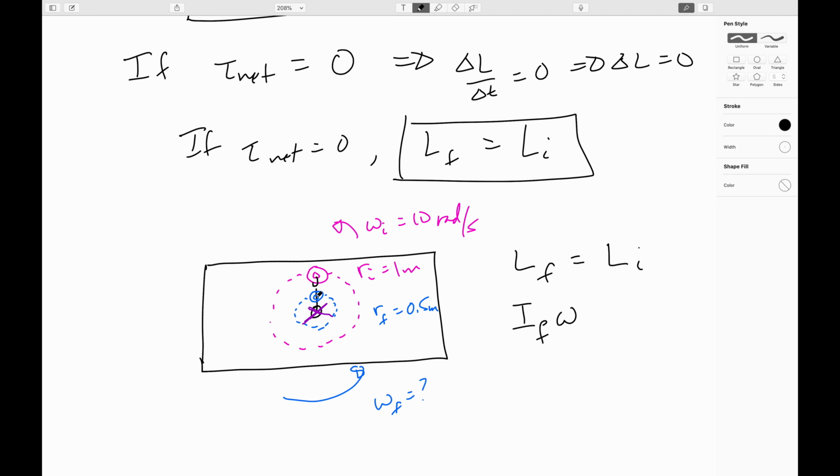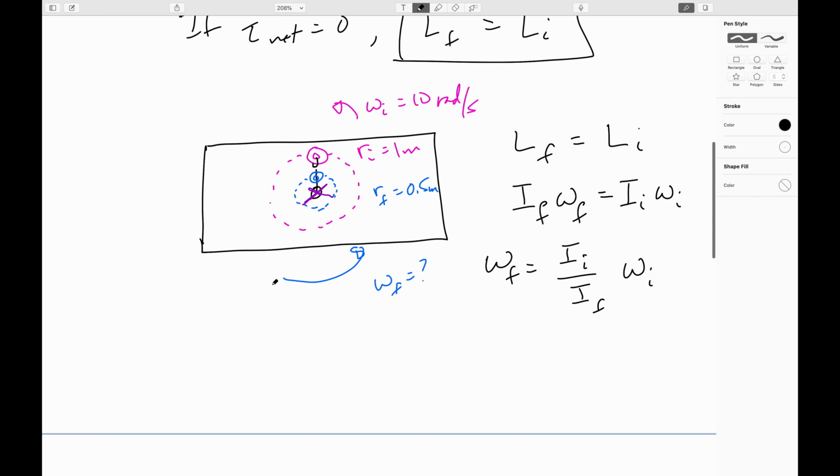Keep in mind, since this moved in, it's going to have a smaller moment of inertia. So I final omega final will have to equal whatever the moment of inertia times the angular velocity was before. So we can write that omega final is I initial over I final times omega initial.